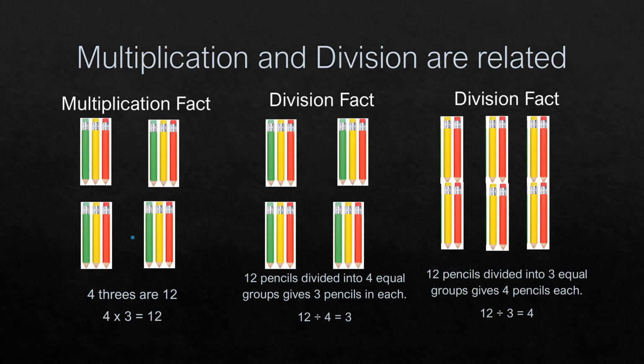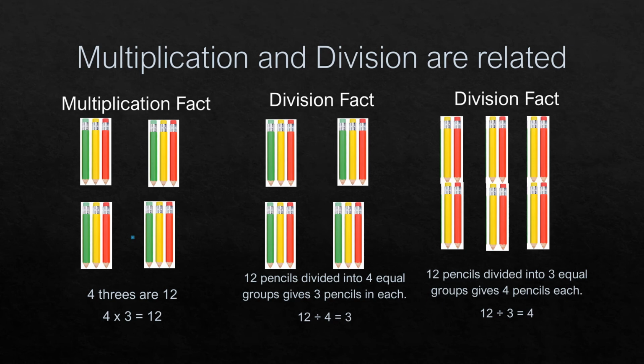But in division, 12 pencils are divided into 4 equal groups, which gives 3 pencils in each. So 12 divided by 4 is equal to 3.